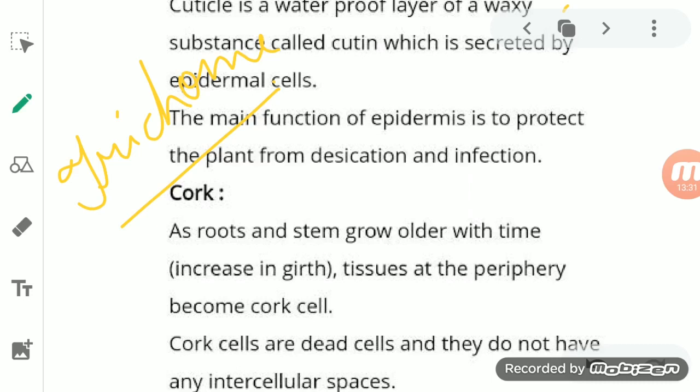So we can say the outer surface of the epidermis of leaf and stem consists of the cuticle. The function of the cuticle is that it helps in reducing the loss of water by transpiration.